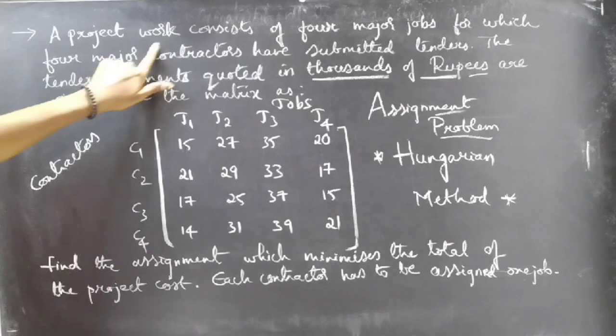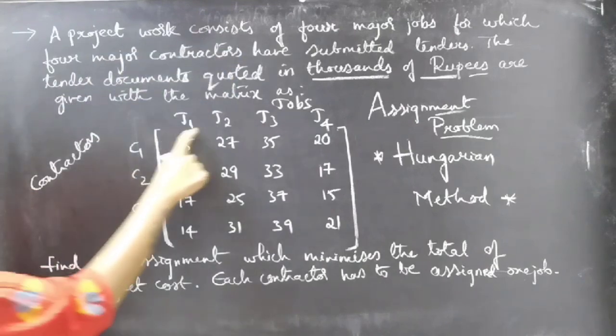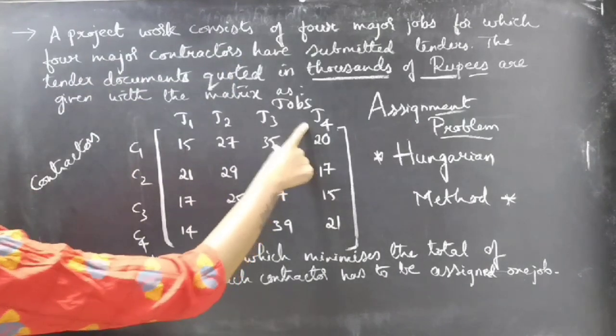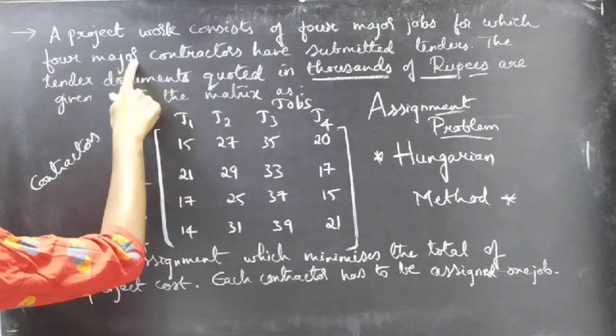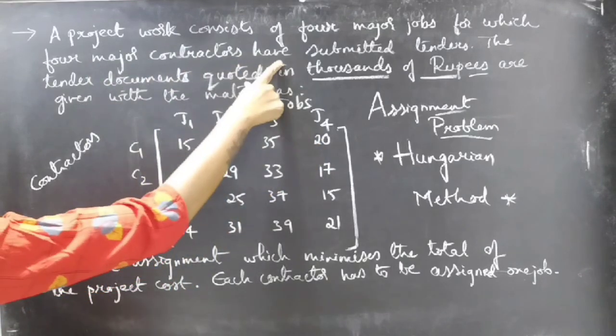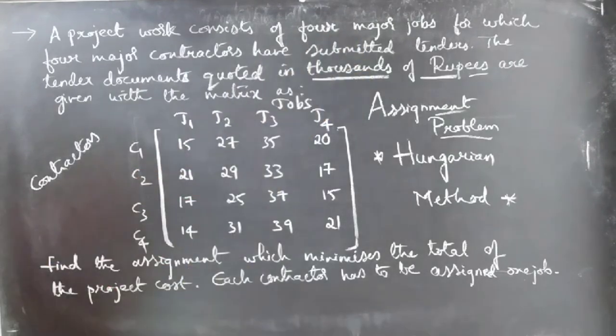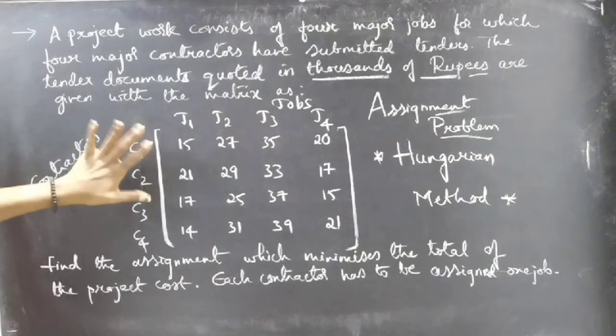A project work consists of 4 major jobs for which 4 major contractors have submitted tenders. Okay, let's solve the problem. And it is a cost matrix which is given in thousands.